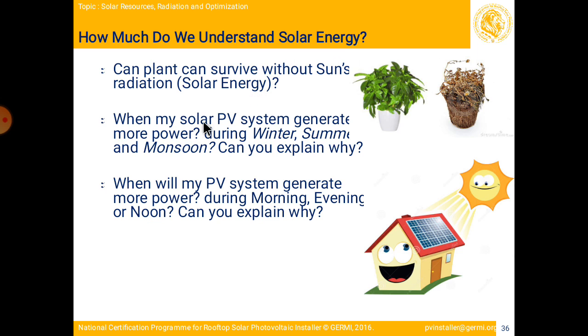The second question to ask yourself: when does my solar PV system generate more power, during winter, summer or monsoon? Can you explain? And the third question: when will my PV system generate more power, during morning, evening or noon? Can you explain? So this is what I have covered in this presentation.